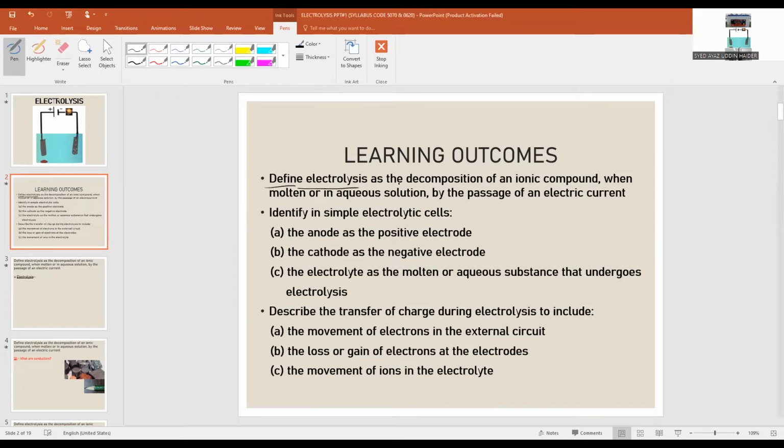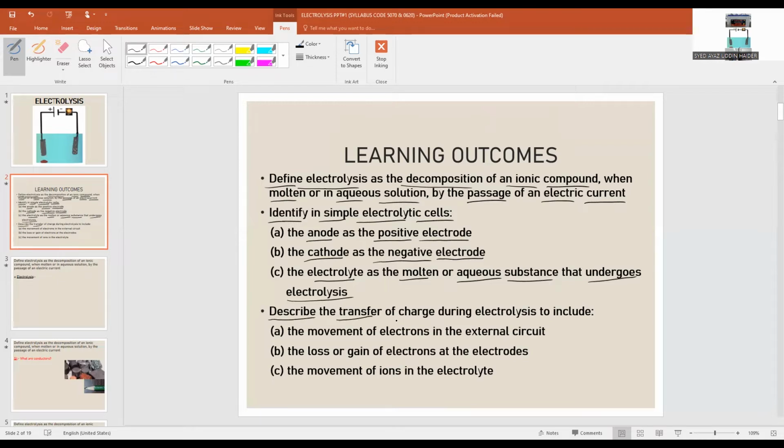Define electrolysis as a decomposition of an ionic compound when molten or in aqueous solution by the passage of an electric current. Identify in simple electrolytic cells the anode as the positive electrode, the cathode as the negative electrode, the electrolyte as a molten or aqueous substance that undergoes electrolysis.